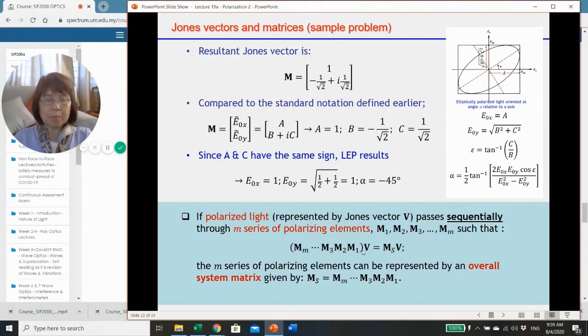But so we can actually represent all this by an overall system matrix, MS here. And note that the sequence is important now. This one is written from the output back to where the first polarizing element that the polarized light passes through.